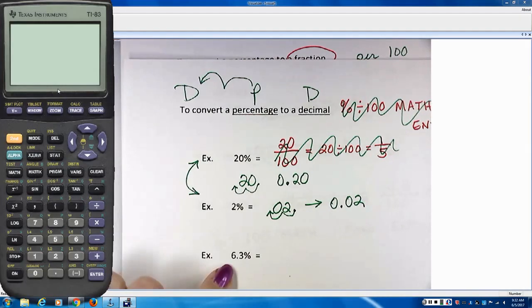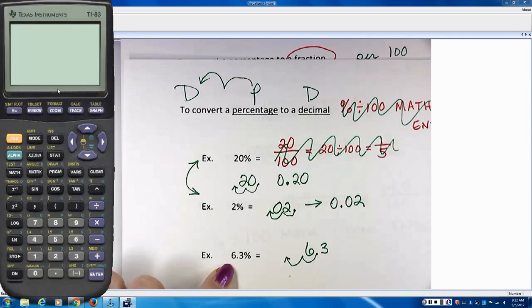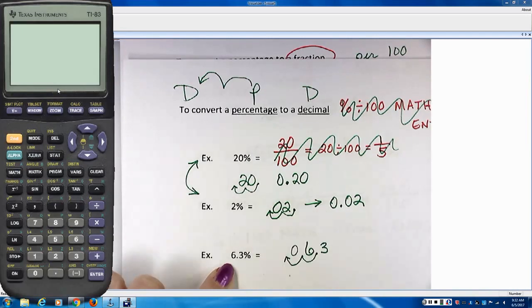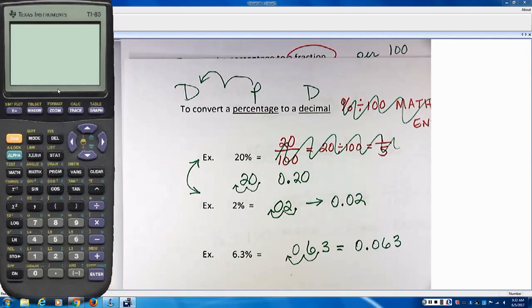And again, 6.3%, you have your decimal, so just drop your percent. But since you have to move it 2 places to the left, you're going to have to put in that 0. Okay?